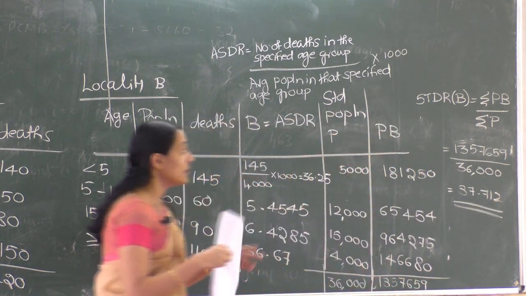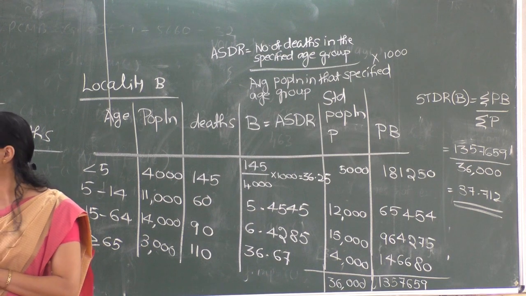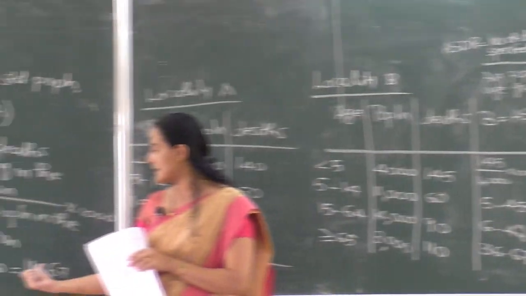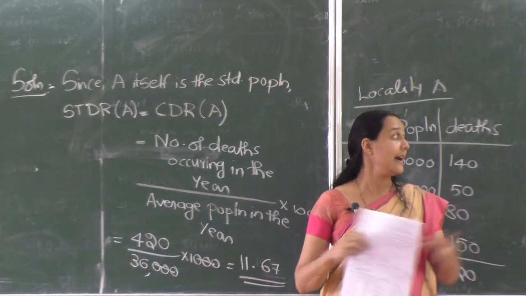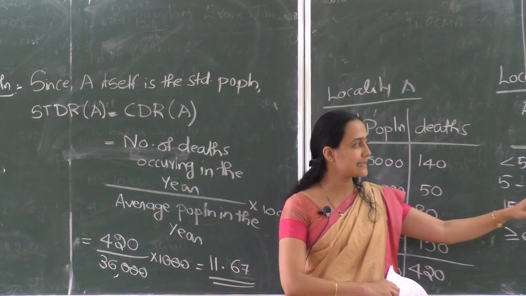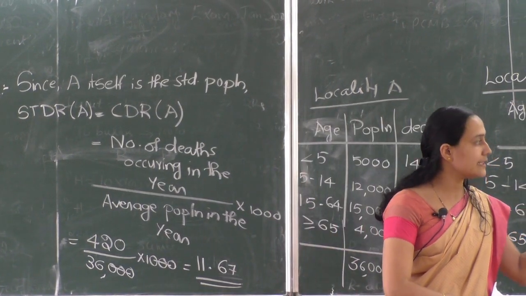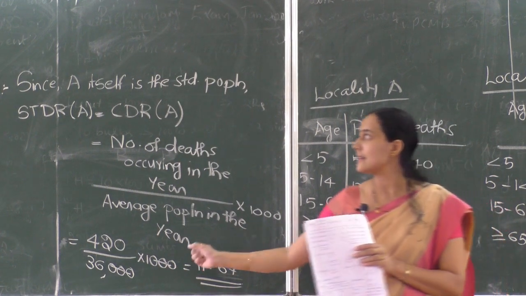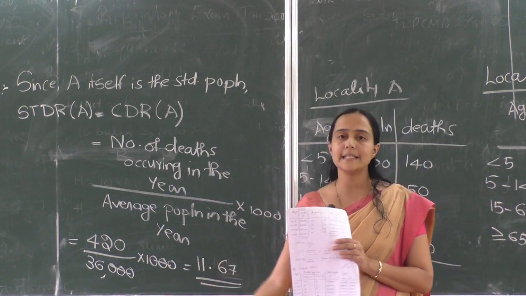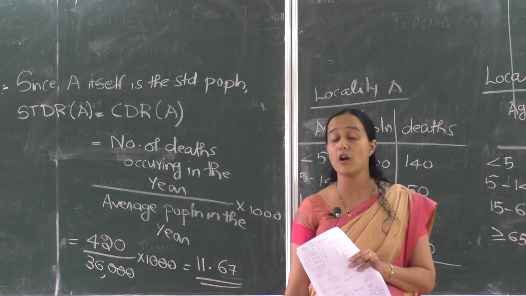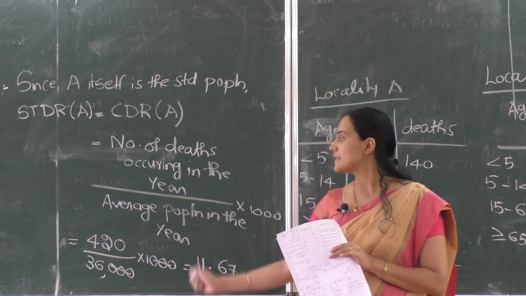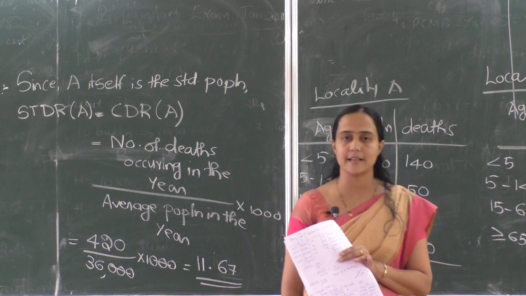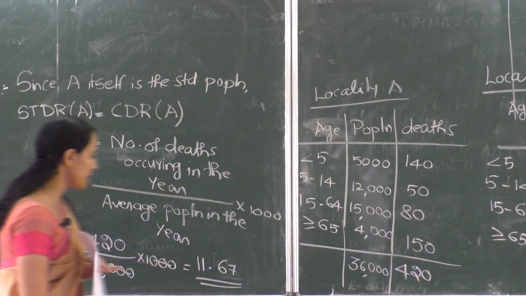37.712. So first, STDR of A is same as CDR of A. Its answer is 11.67 and second, STDR of B is 37.712. So which one is less? Less is the first one. Locality A's death rate or STDR is less. So this population, or this locality, is healthier.